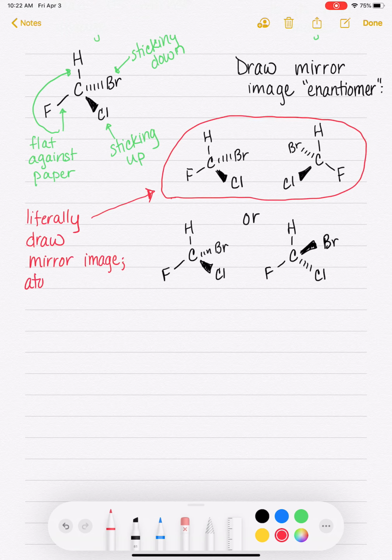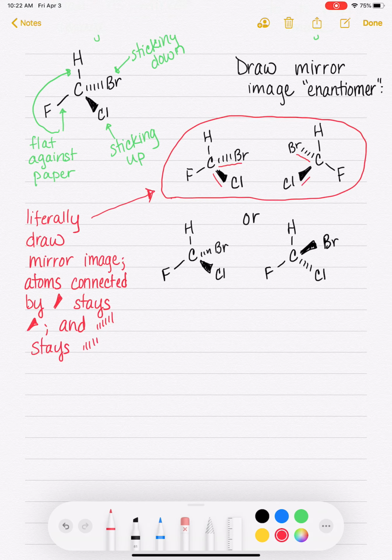And the atom that is connected by the wedge bond stays wedge, and the dash bond stays dash. By that I mean the bromine that is connected by the dash bond stays connected by the dash bond, and the chlorine connected by the wedge stays connected by the wedge. But everything that is on the left-hand side has moved to the right-hand side and vice versa.